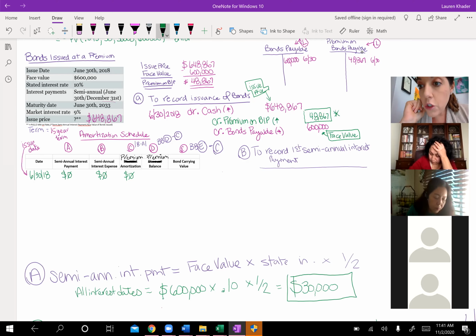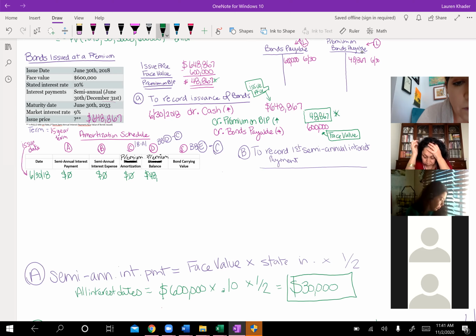Our initial premium balance will always be equal to the difference between the issue price and face value, which is what we calculated above, 48,867. We've got our Halloween numbers going in there, sorry.